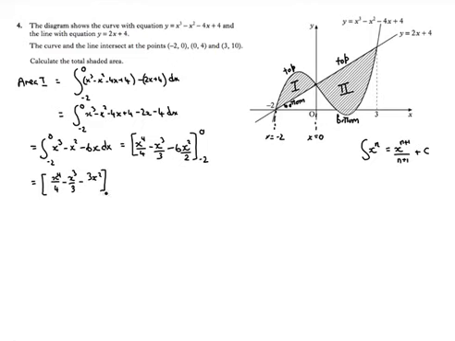Close the brackets again, from minus 2 to 0. To evaluate this, to find the number that results, we take this expression with x equals 0 in it, minus the same expression with x equals minus 2. So the x equals 0 goes in here, and the x equals minus 2 goes in there.